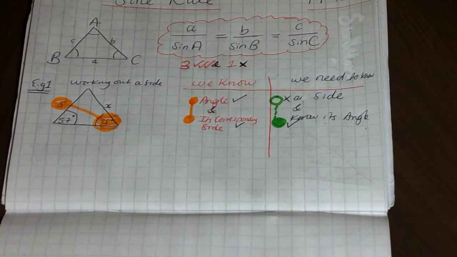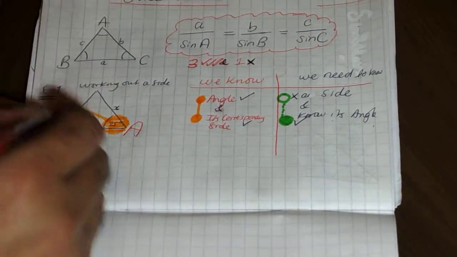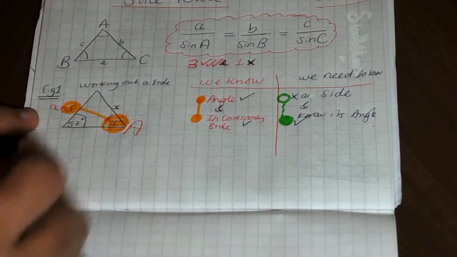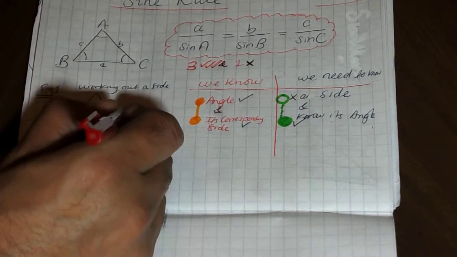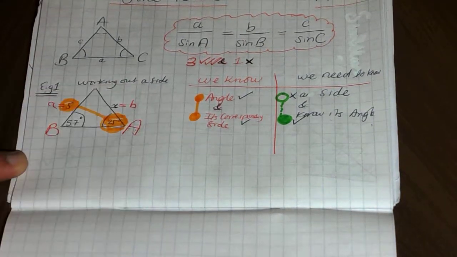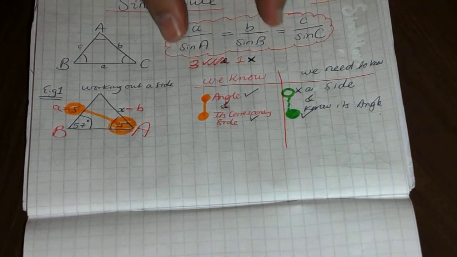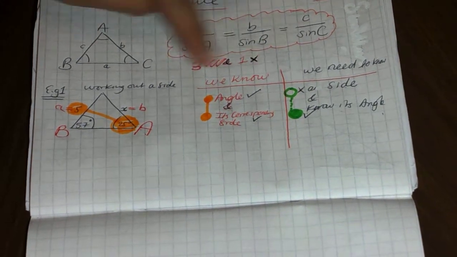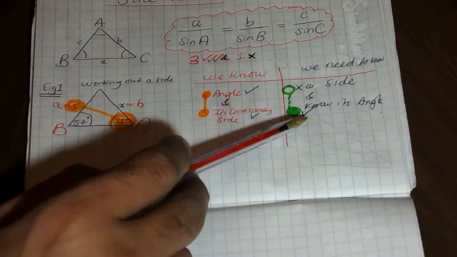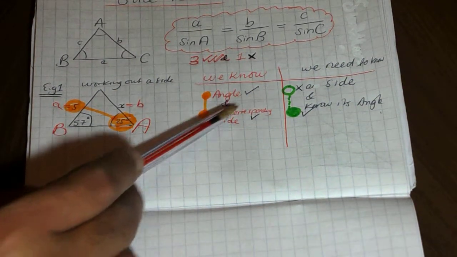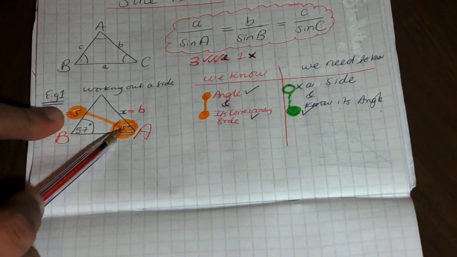Now I'm going to relabel my diagram. I'm going to call the angle A, and the length that we know little a. I'm going to call this next angle B, and the x that we're looking for as little b. So I'm relabeling it, and as I mentioned before, we'll only be using 2 of these 3 identities. Let's look at this part of the table. First of all, we know an angle and its corresponding side, represented in orange and orange.